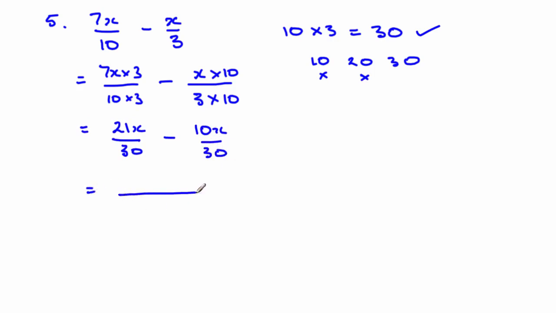Our common denominator is 30, so it's 21x, take away our like terms here, 10x, and our final answer, 21 take 10, is 11x over 30. And we'll just have a quick look at the answer to see if it can be simplified down. 11 over 30, there are no common factors, so that will be our solution.